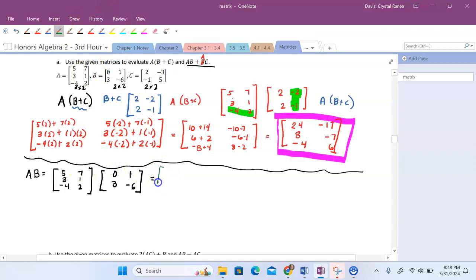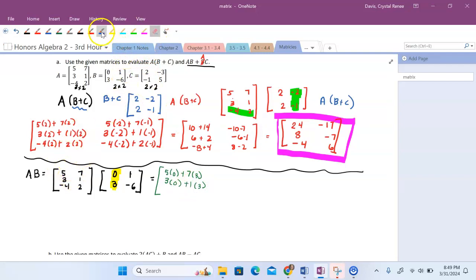Let's do the first column here. Starting with the first row, this is going to be 5 times 0 plus 7 times 3. Then the second row, 3 times 0 plus 1 times 3.